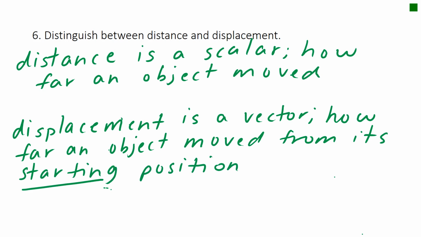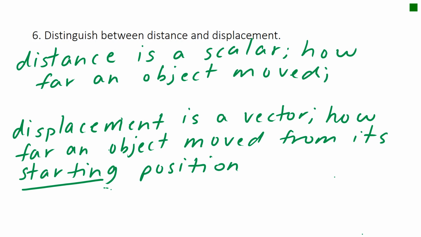So displacement is how far an object is from where it started. Distance is simply how far an object went.